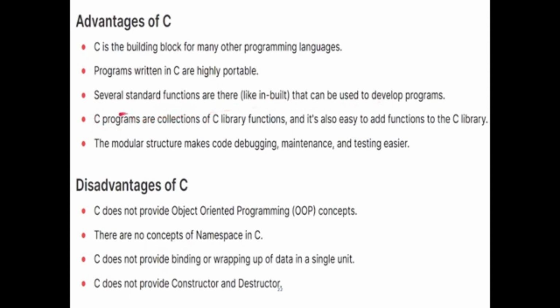C programs are collections of many C library functions, and it is easy to add functions to the C library. The modular structure makes code debugging, maintenance, and testing easier. We will be learning about code debugging and maintenance in further sessions.